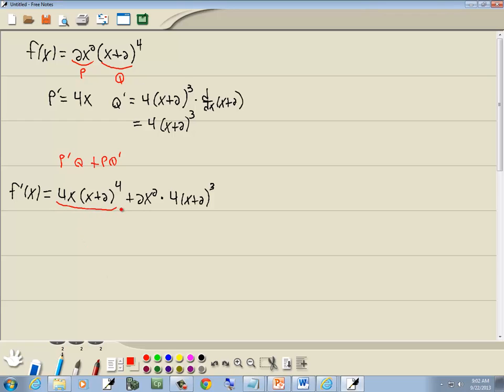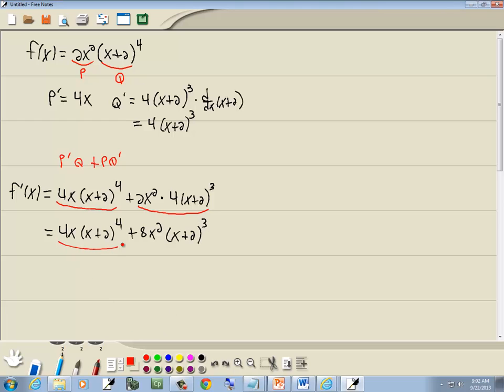Actually, let me simplify that first. I got 4x times x plus 2 to the 4th power. 2 times 4 is 8. So we've got 8x squared, x plus 2 to the 3rd power.